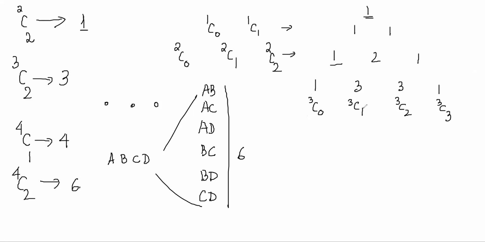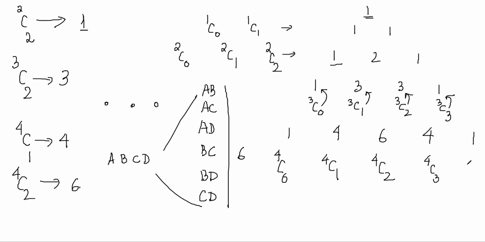Confirm for yourself that all of these will be this only. 3C0 is 1, 3C1 is 3, 3C2 is 3, and so on, right? Next row, we already wrote the row to be this, right? And now see, this is 4C0, 4C1, 4C2, 4C3, and 4C4, right?